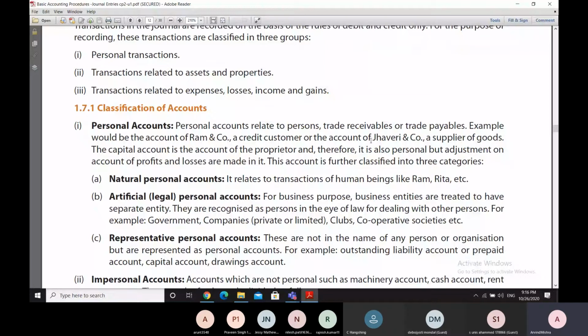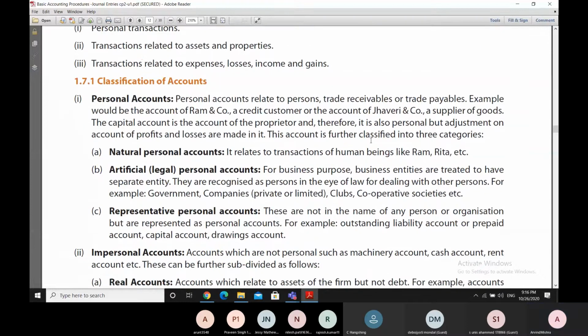All these accounts may not belong to one person, but they are shown as if they are personal accounts. So outstanding liability account, prepaid account, capital account, drawings account, they are all representative personal accounts.